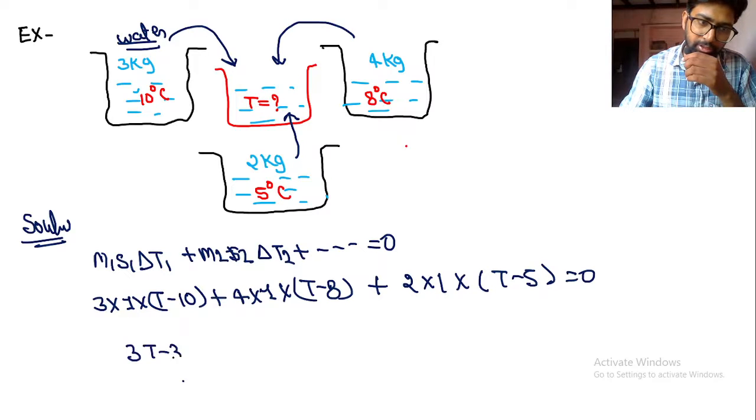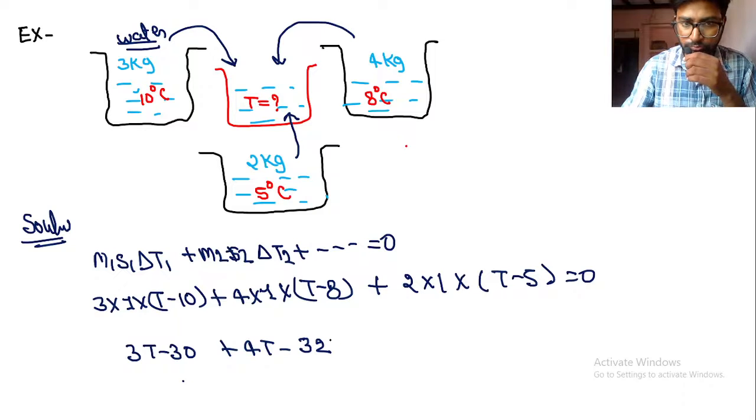3T minus 30 plus 4T minus 32 plus 2T minus 10 equal to 0.